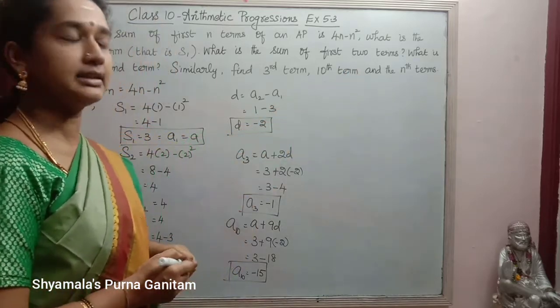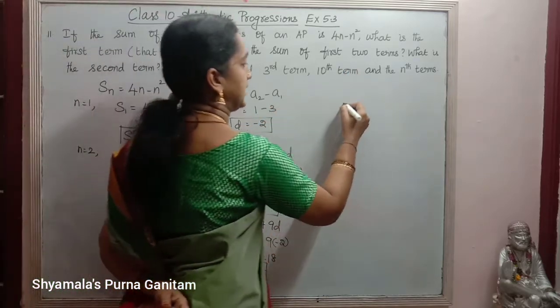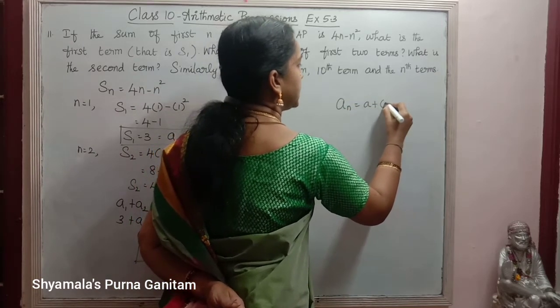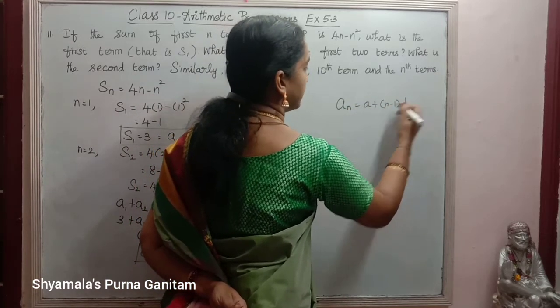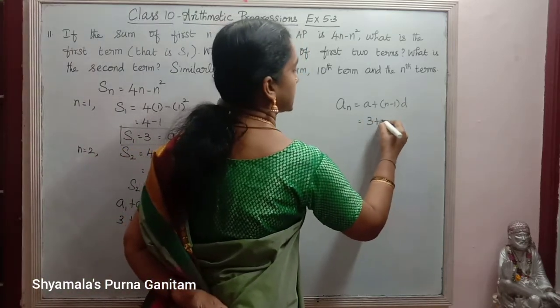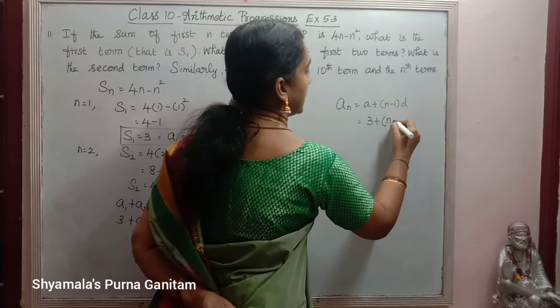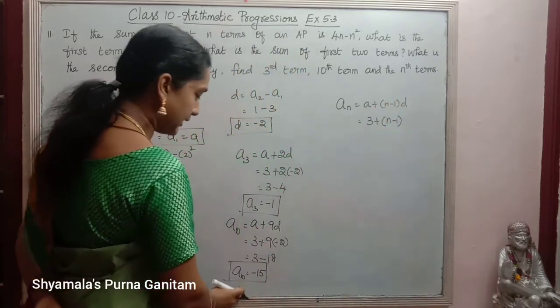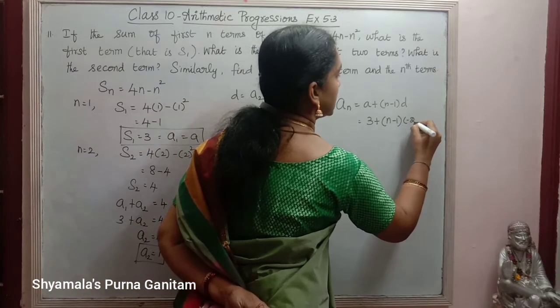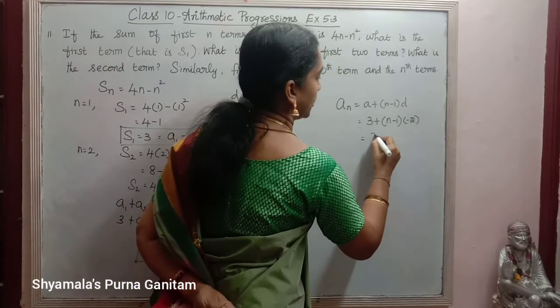Then nth term. Nth term is An. So An is equal to A plus n minus 1 into D. So A is 3. 3 plus n minus 1 into D is, difference is minus 2. D is minus 2. So that is equal to 3.